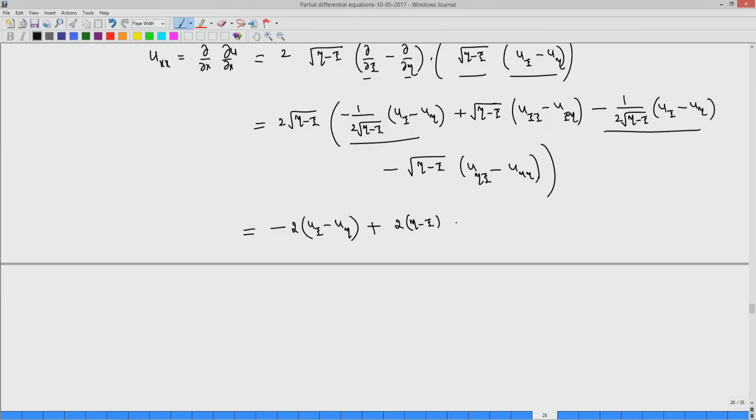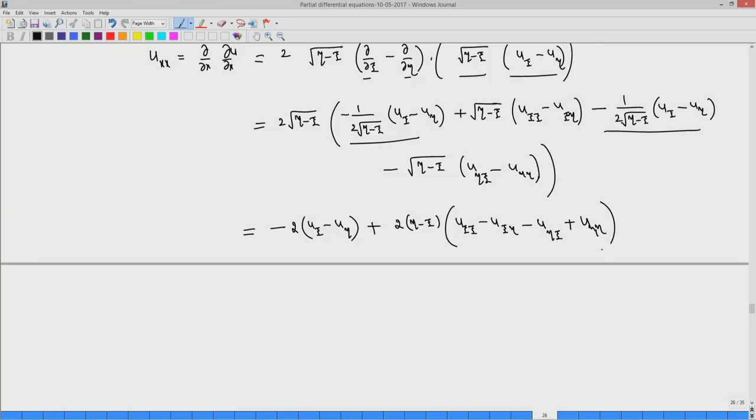into u xi xi minus u xi eta, and here again if you multiply this here, this 2 times eta minus xi out, and what you end up is minus u xi eta, u eta xi, u xi eta both are same. So, you have minus u eta xi plus u eta eta.